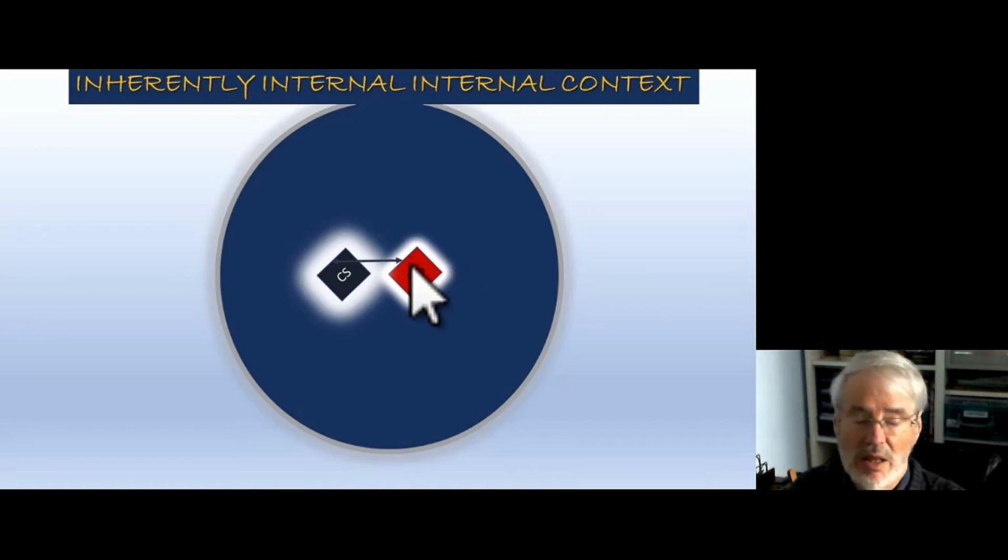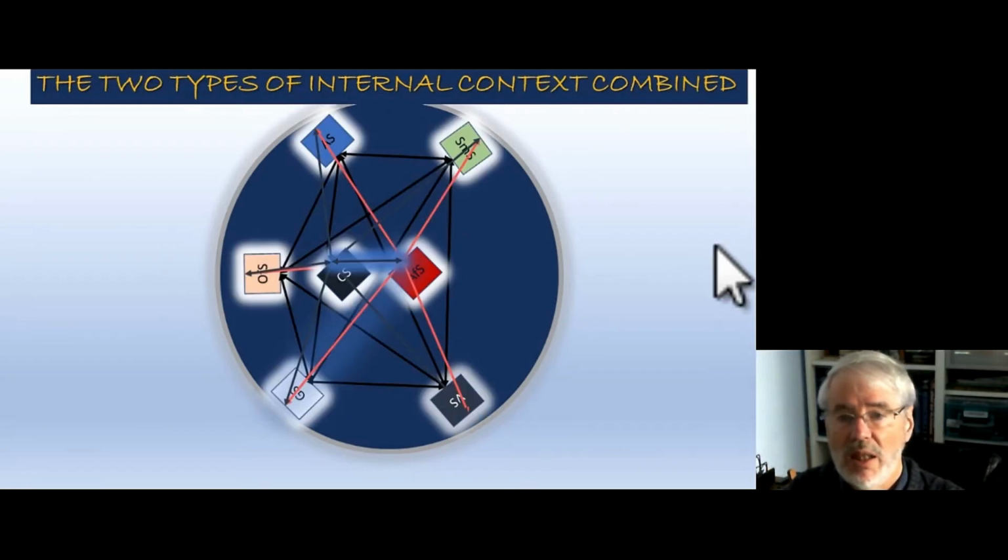And as I said before, it also involves the basic emotions. But we won't go into that this time. Right, so here we have the two types of internal context for linguistic processing combined. All of these things are producing more or less representations that are activated, which will be relevant for the current linguistic processing that's carrying on in the middle here.